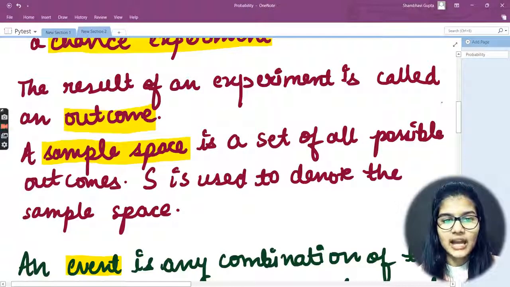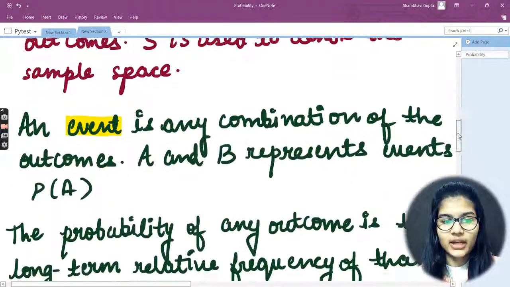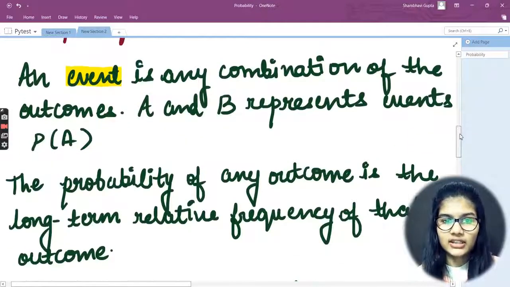What is a sample space? A sample space is a set of all possible outcomes, and it is denoted using the capital S. Further, we discussed what an event is.